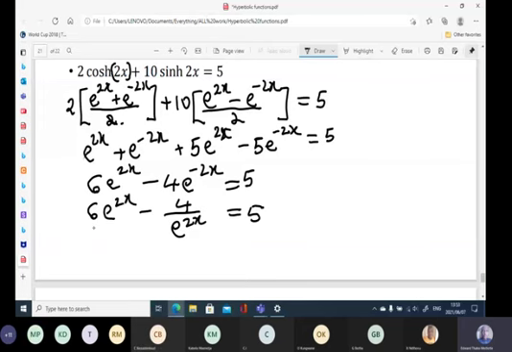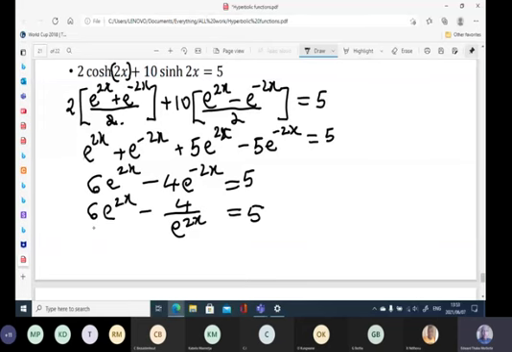Now this is quadratic, but now I think it will be easy to put x minus 4 equals to 0. Now from there, this basically means that we are solving for e to the power 2x.